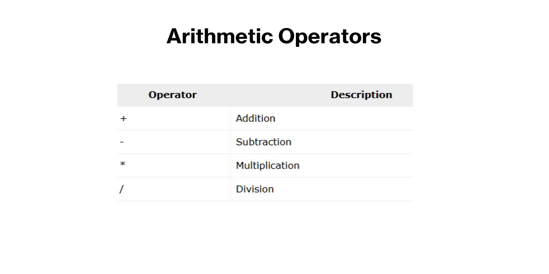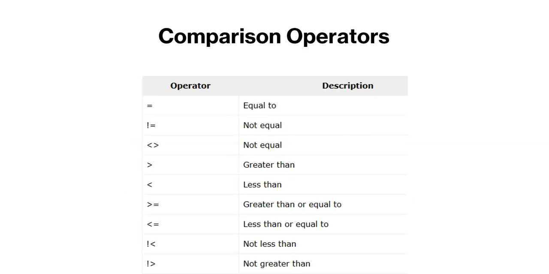Here are the arithmetic operators. Plus sign is addition, minus subtraction. You're probably very familiar with these, and they do those simple functions. I think you got that. Comparison operators, you may not know all the symbols, but you're probably familiar with equal to, greater than, less than. If you put exclamation point, it means not greater than, not equal to.